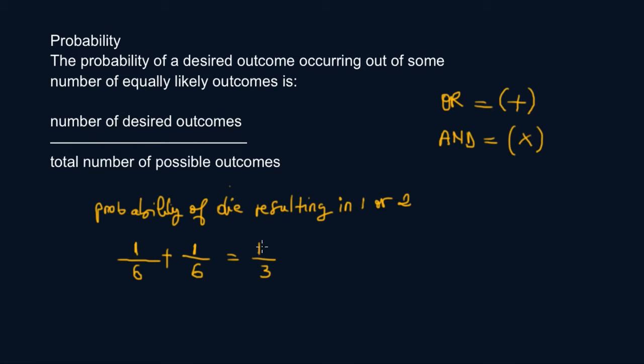So let's say, for instance, you are asked to find the probability of 2 coin tosses. If you toss two coins, what's the probability of both of them turning up heads? Let me use a different color.